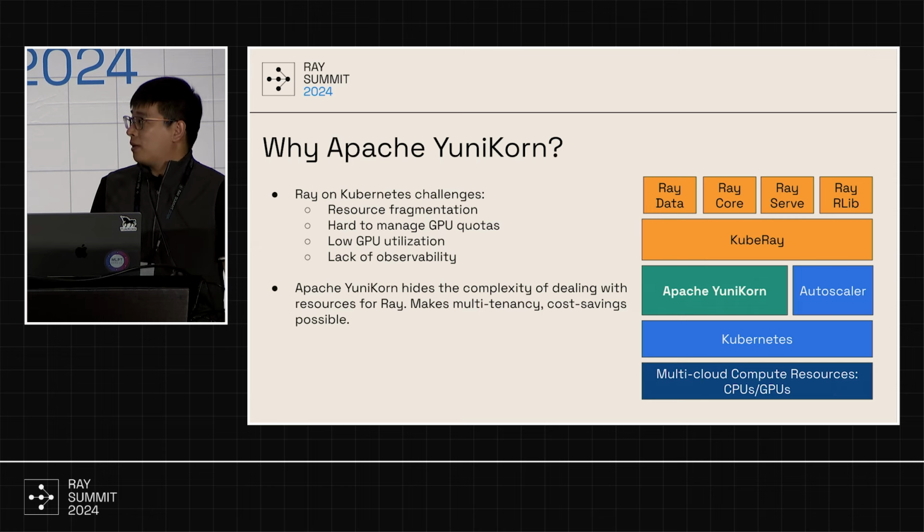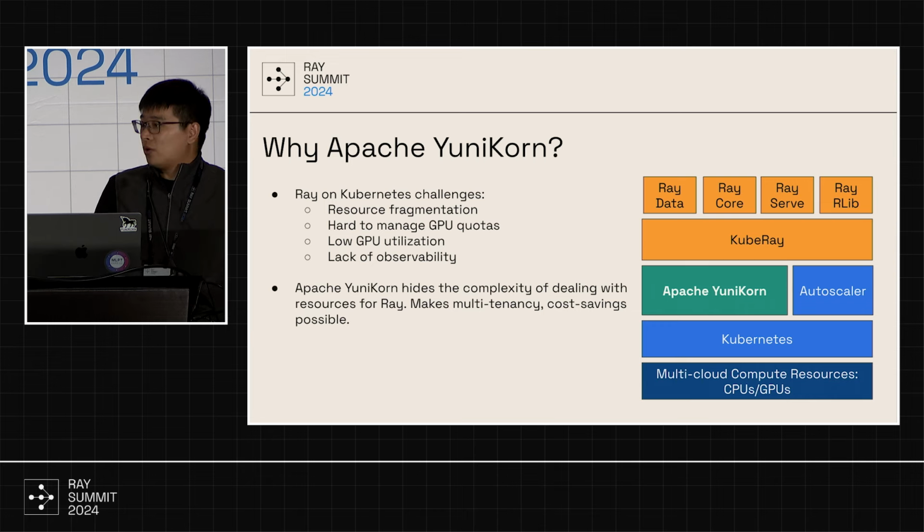Imagine that you have many different types of instances, and you want to share them with different teams. It's extremely hard to manage the quota for different types of GPUs. GPU utilization is also always a problem. People complain about not getting enough GPUs, but at the same time, sometimes GPUs are idle. We don't want to see that happen.